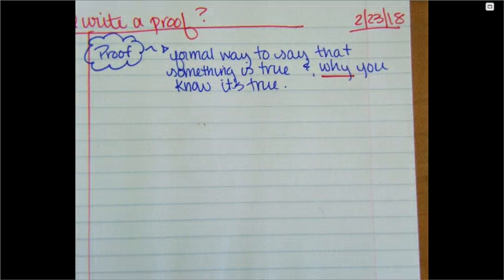Why is the important part. It's a formal way to say that something's true and why you know it's true. So you can't say something without a reason. Okay? So everything always has to have a reason.